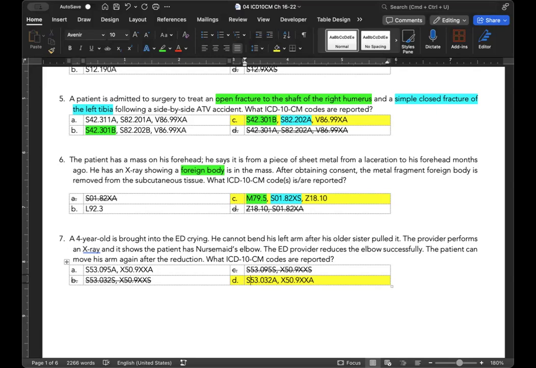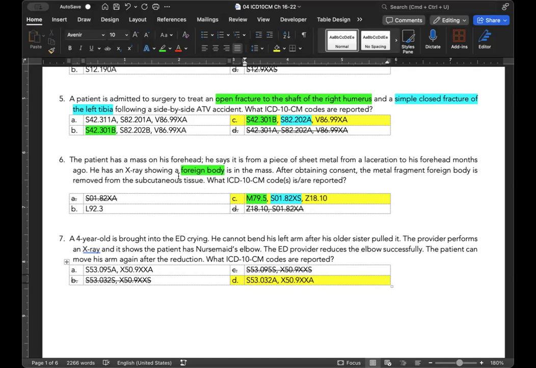Coding it from scratch, you would want to code the foreign body that's there, okay? Because that's what's bringing them in, right? Because he knows that he has a piece of sheet metal. So our foreign body is going to be it.